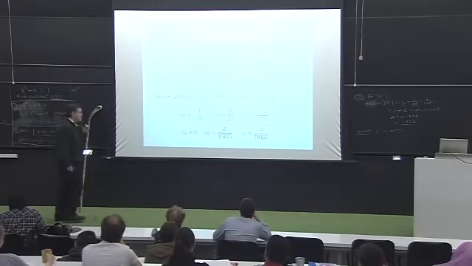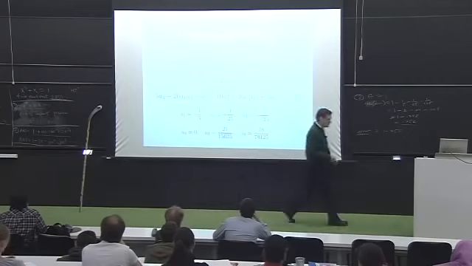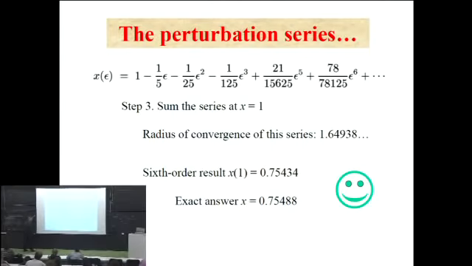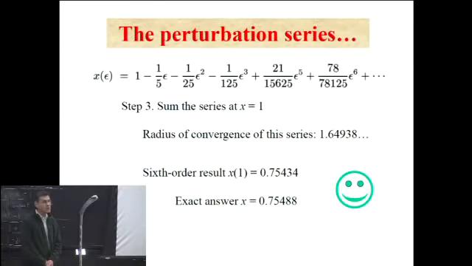And if you look hard at those numbers, you can guess what the radius of convergence of the perturbation series is. And the radius of convergence is 1.649. Now that's very good, and it's very lucky, because we were putting in epsilon equals 1. So apparently epsilon equals 1 is inside the radius of convergence of the series.